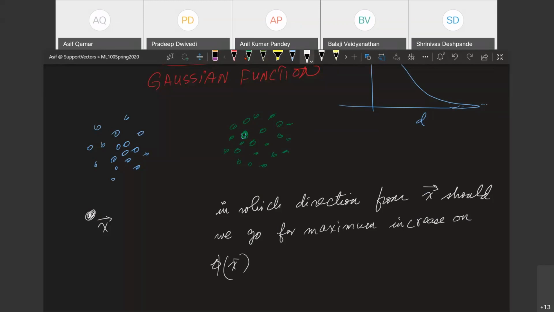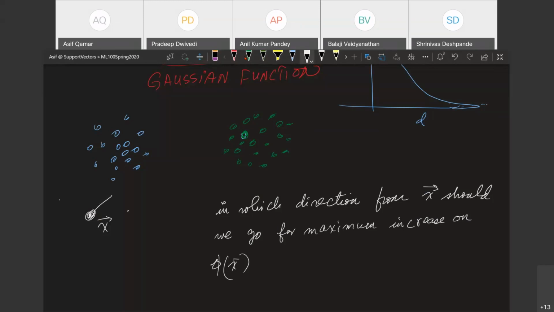So in other words, I can go here, I can go here. As I go in different directions, these points will have different amounts of influence on them. But in which direction should I go to have a maximum increase of phi? That direction, you would agree, would be a direction somewhat like this, isn't it, guys?